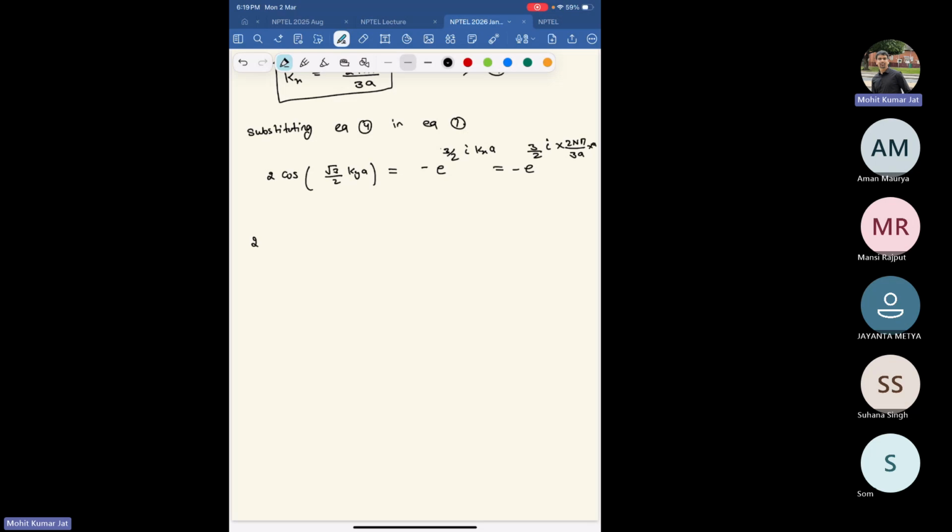So this is like 2 cosine of root 3 by 2 kya is equal to, 3 cancels, 2 cancels, a cancels, and what remains is e to the power iota n pi.